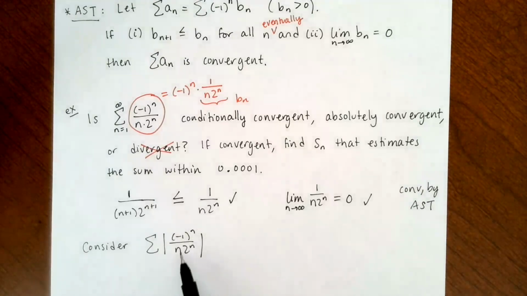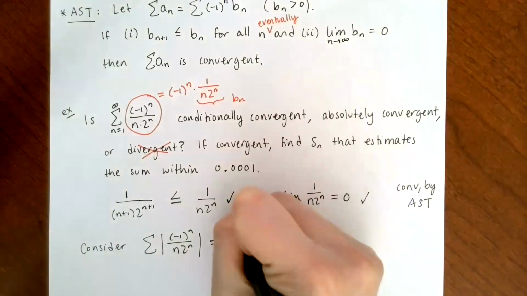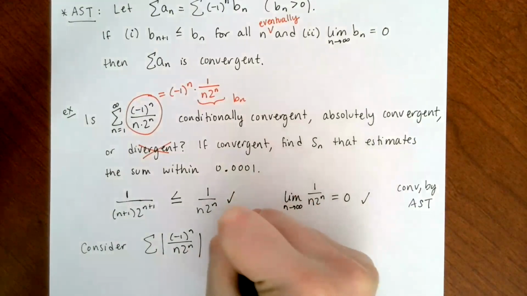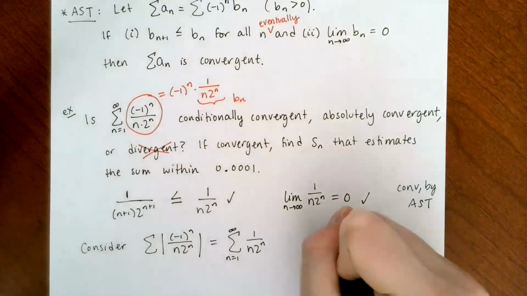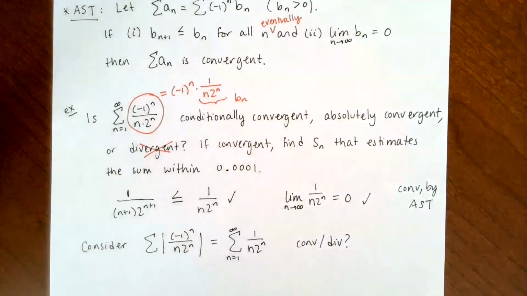If this version is divergent because it lost the plus-minus and became divergent, then we would say this is conditionally convergent. Notice that the absolute values effectively take out the (-1)^n because it would make every term positive. So really we're looking at the series 1 over n^n, just converge or diverge for this new series.